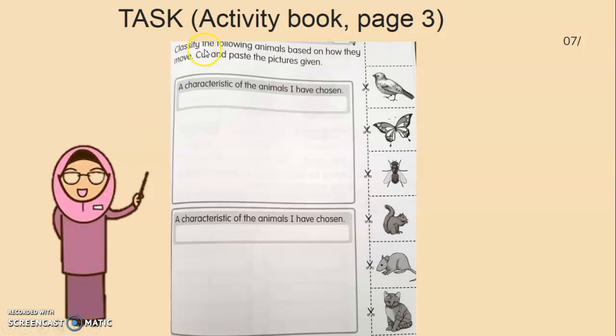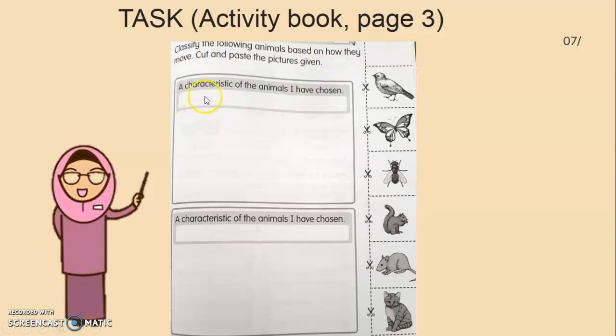Kelaskan, classify the following animals based on how they move. Mesti kelaskan haiwan ni mengikut bagaimana dia bergerak. Classify based on how they move. Macam mana dia bergerak.